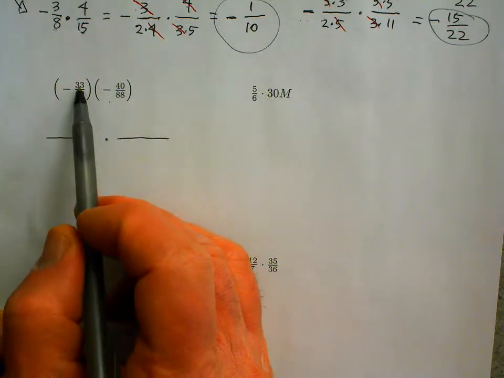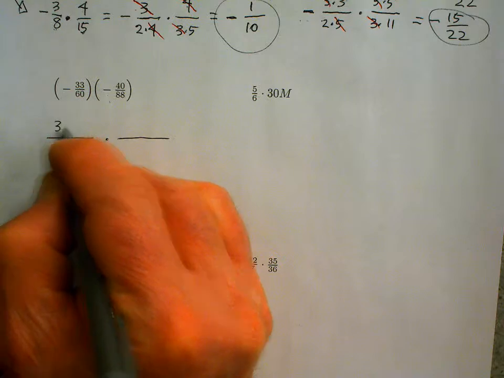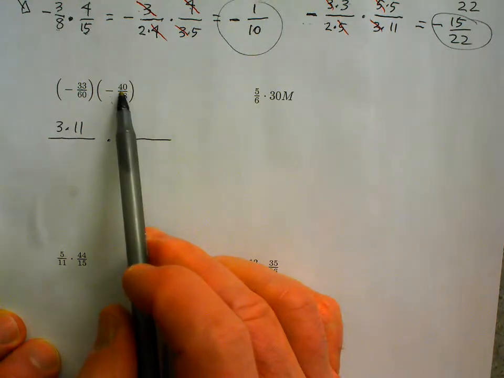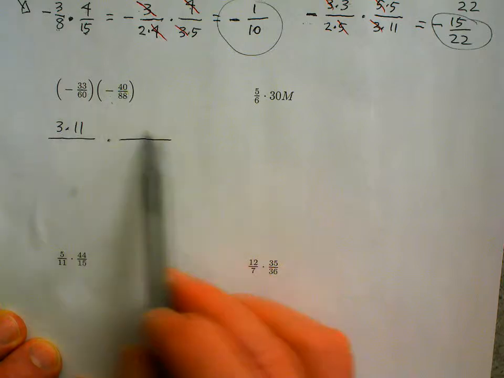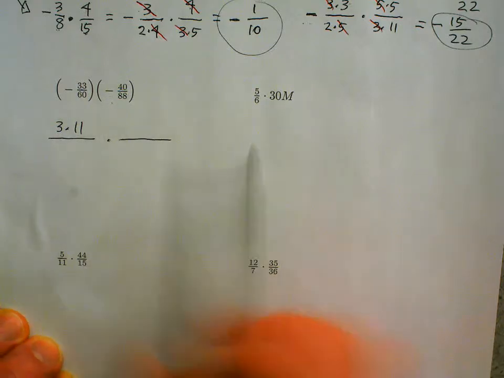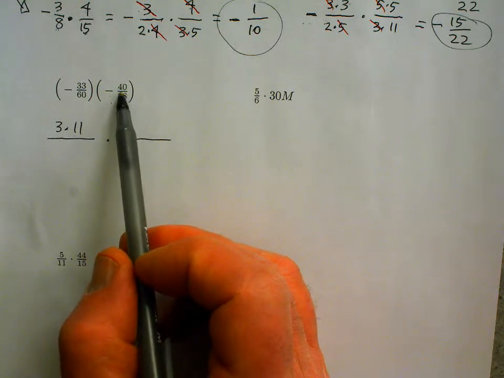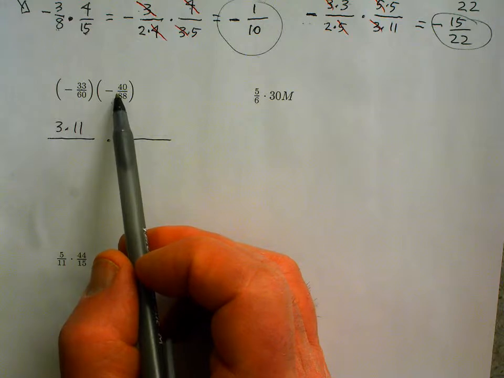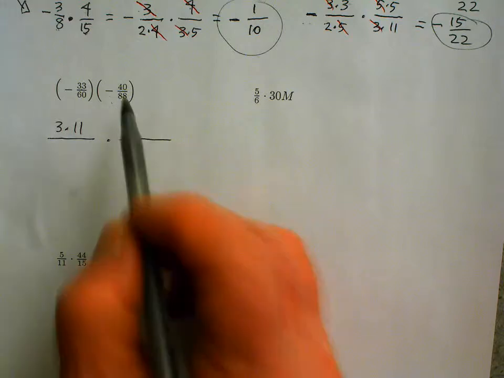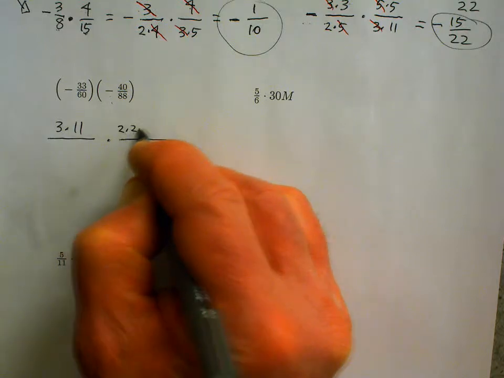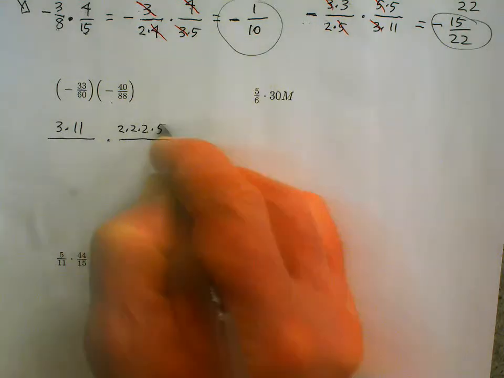So 33, the prime factorization is 3 times 11. For 40, well, first think of 40 as 8 times 5, and 8 is 2 times 2 times 2. So the prime factorization of 40 is 2 times 2 times 2 times 5.